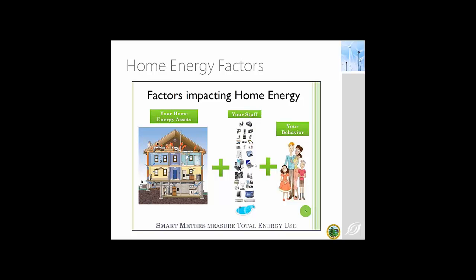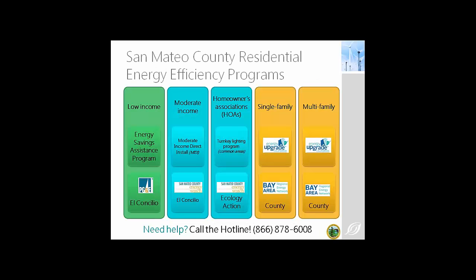And then the third factor is your behavior, and that can be the biggest contributor of all. If you're leaving everything on all the time, you leave your house with your heater and all the lights on, it doesn't matter if you have a really efficient furnace. If you leave it on constantly when you're not there, you're still going to have a high energy bill, and you're still going to be consuming a lot of energy. So these are the three main factors that you need to hit.